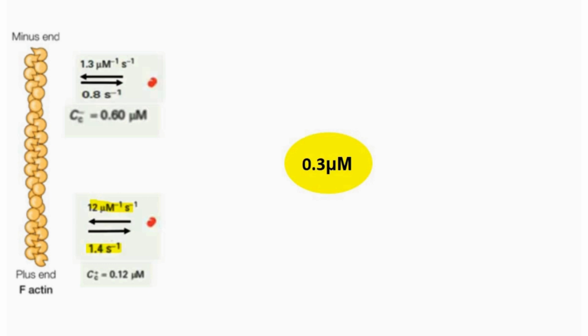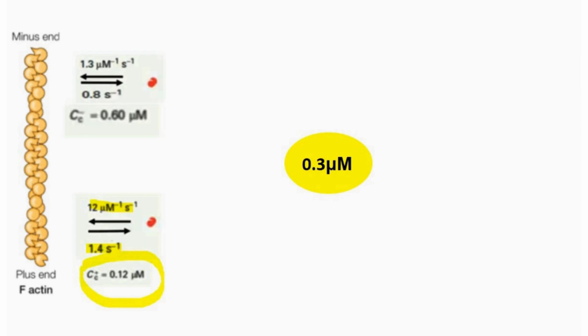Now let's compare the plus and the minus end with respect to this 0.3 micromolar. The plus end is 0.12. So how much is 0.12 in terms of 0.3? 0.12 is less than 0.3.